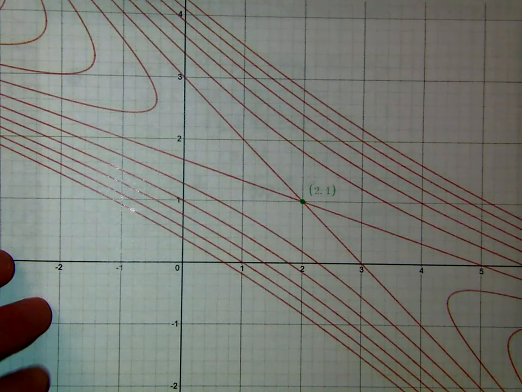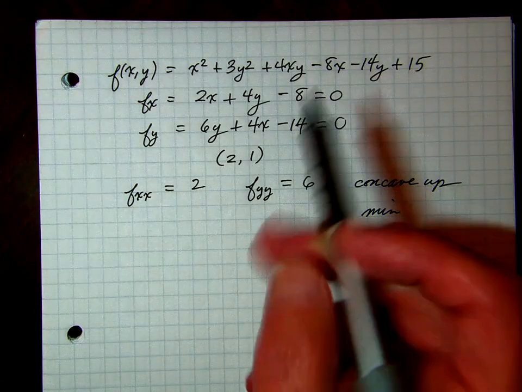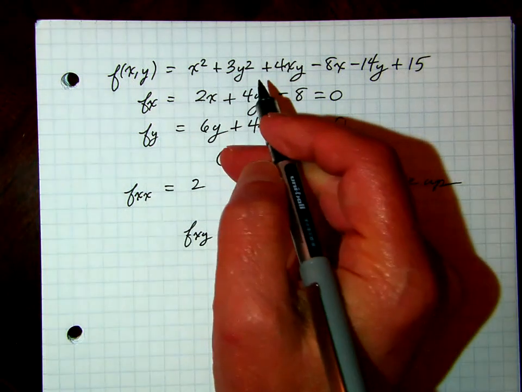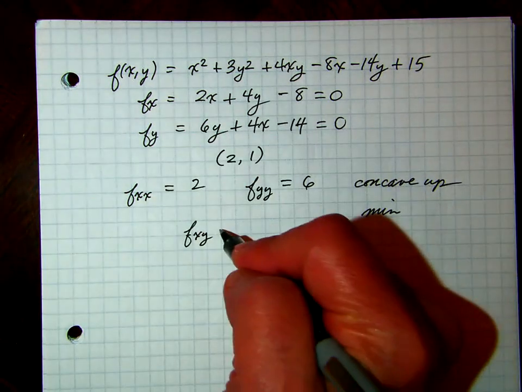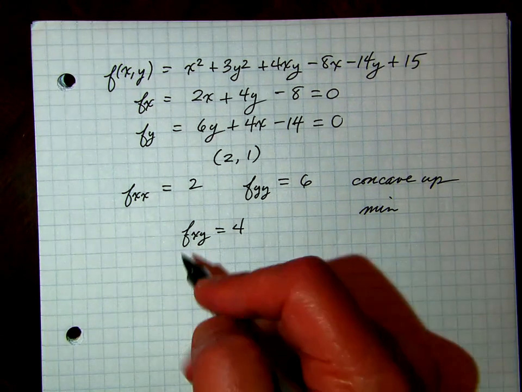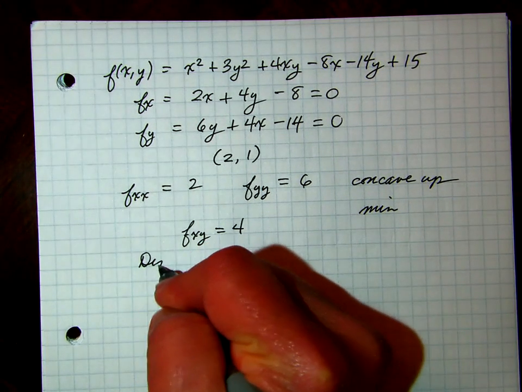And the problem is all with fxy, because fxy is 4. And I need to show you something called the discriminant.